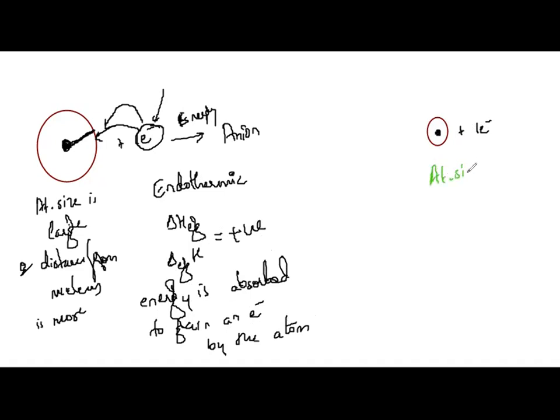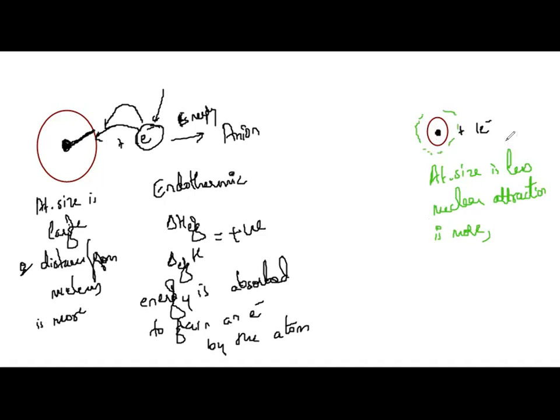So when atomic size is less, nuclear attraction is more. So when nuclear attraction is more, what happens? As soon as the electron comes into the vicinity of this attraction, it is immediately gained by the atom.